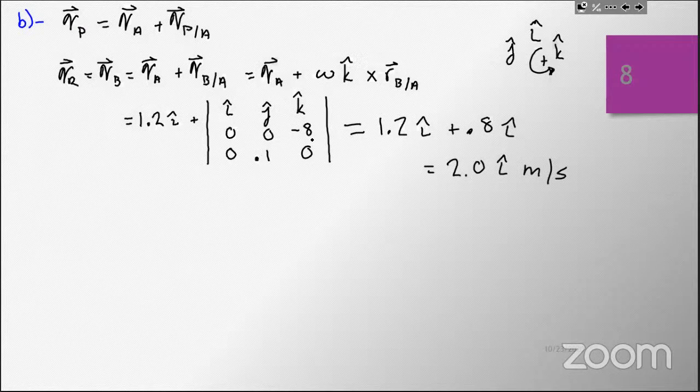That's the velocity of point B. All of these types of problems, when we're doing rigid body kinematics, are going to come down to us, not always a cross product, but using the relative velocity equations. Right?